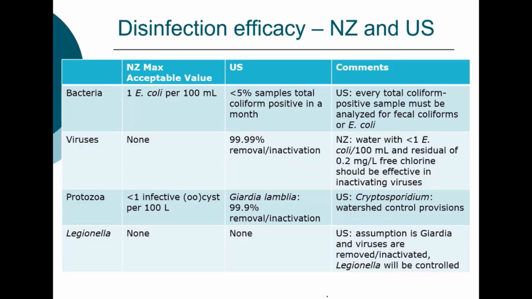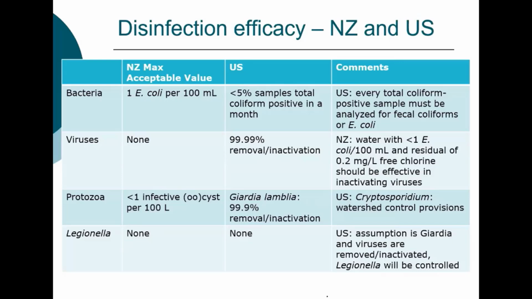And actually in the summer of 2014 in Flint, that value was much higher than 5%. If there is a total coliform positive, then that sample or that location must be analyzed for fecal coliforms or E. coli. In New Zealand, it's set as 1 E. coli per 100 ml. So it's not this percentage in a month.